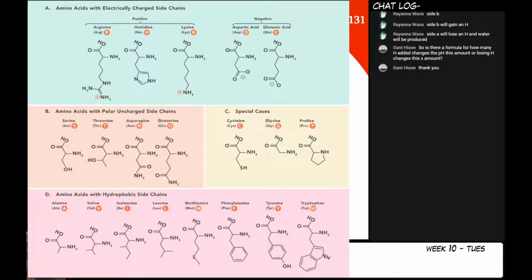So glycine would be G. It's right there. So here's glycine. So I could write GAV for that particular sequence if I wanted to.